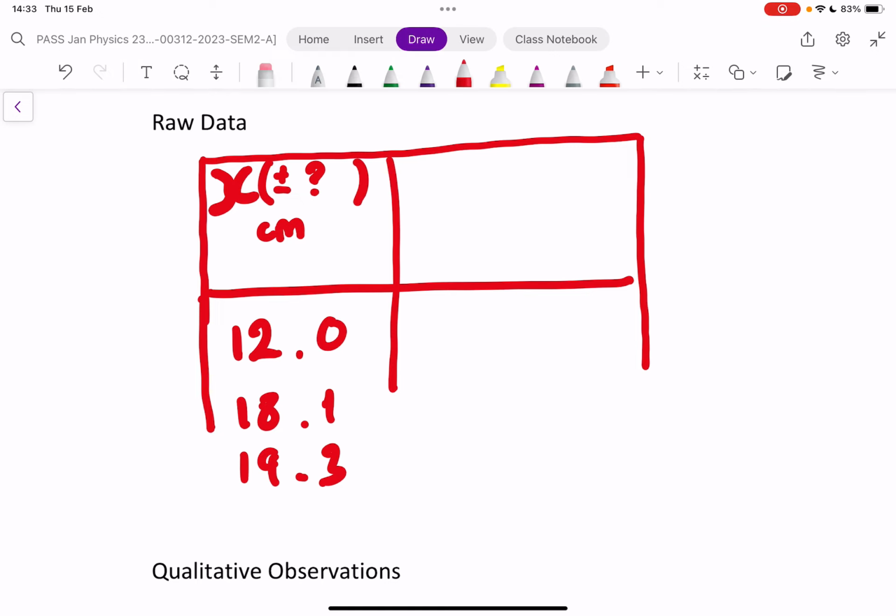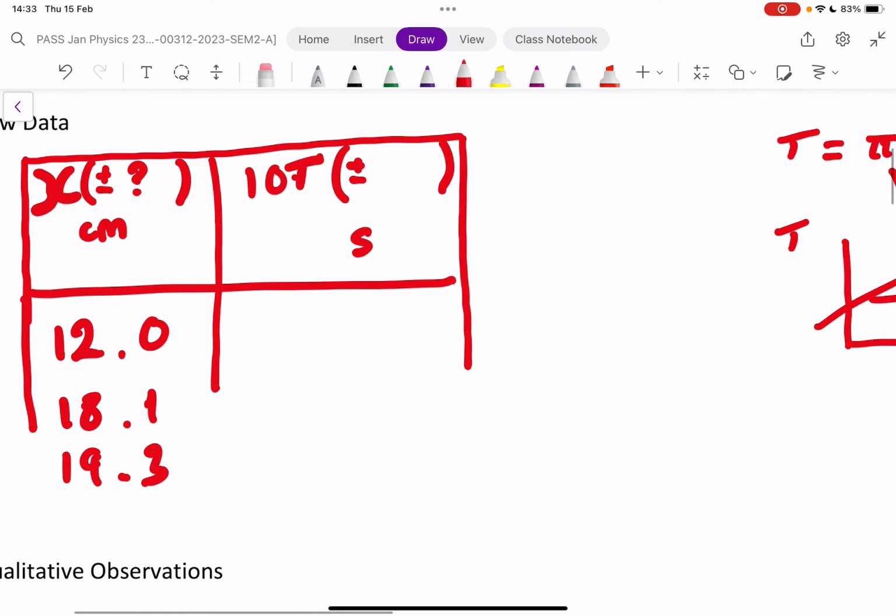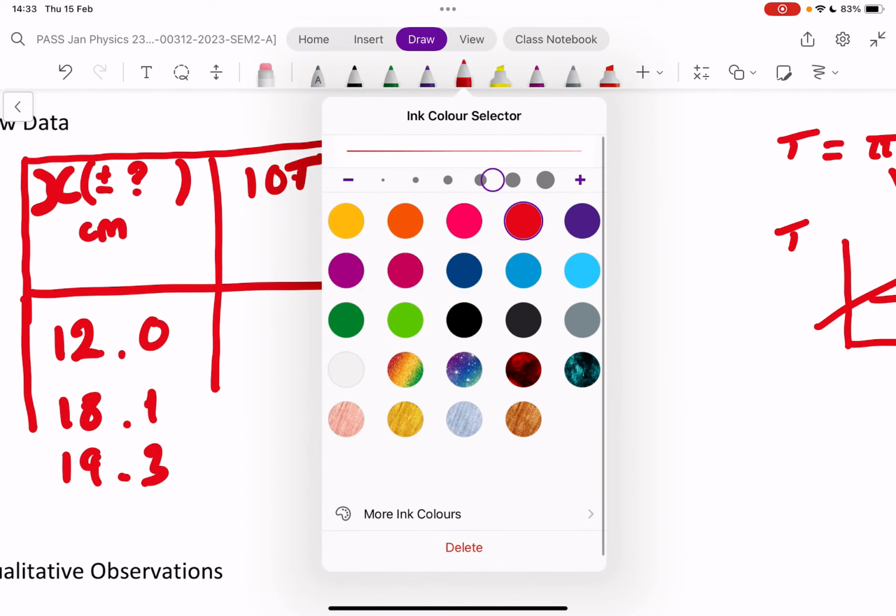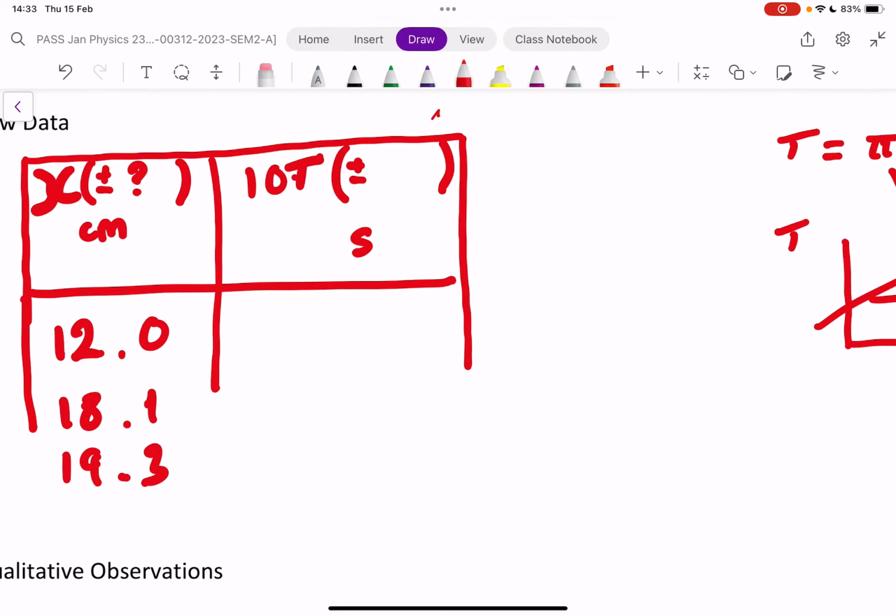Okay, we're also then going to record the time for 10 oscillations. So the same thing, we need a plus or minus. I use the quantity 10t, but you could just put 10 oscillations in words if you wanted to. And, of course, the unit is seconds. So for this part, normally we would say, well, the stop clock measures to the nearest 0.1 of a second.